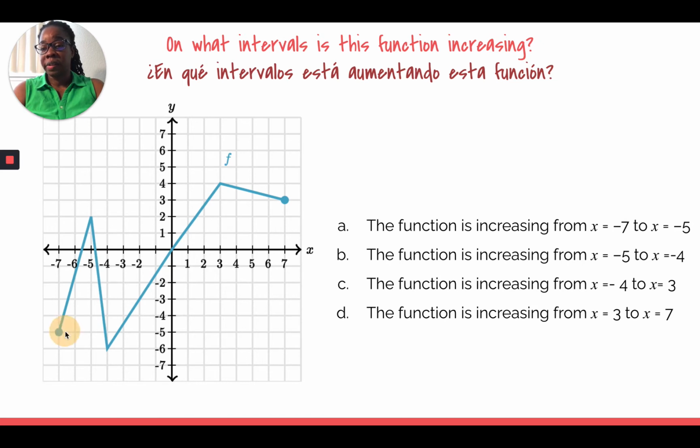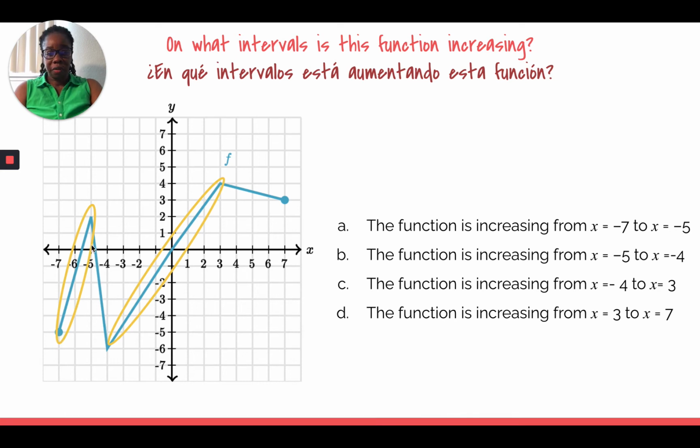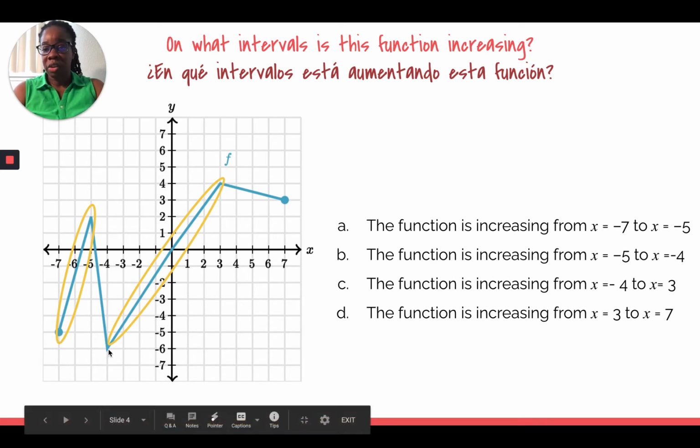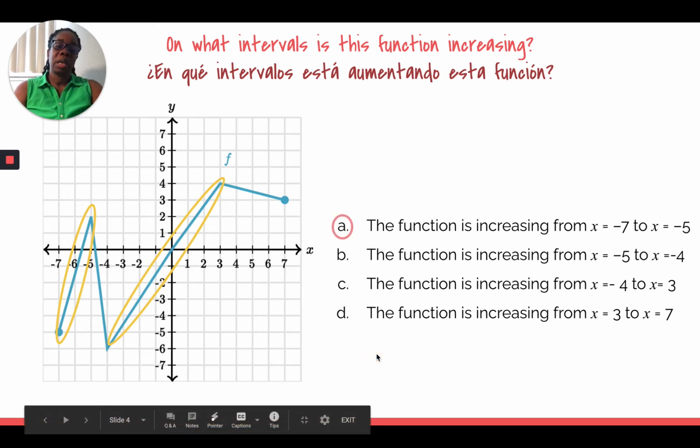We can clearly see the function increasing from -7 to 5, and we're also seeing it increasing from -4 to 3. As our x values increase, y values increase, which means they're getting bigger. So this would be A and C.